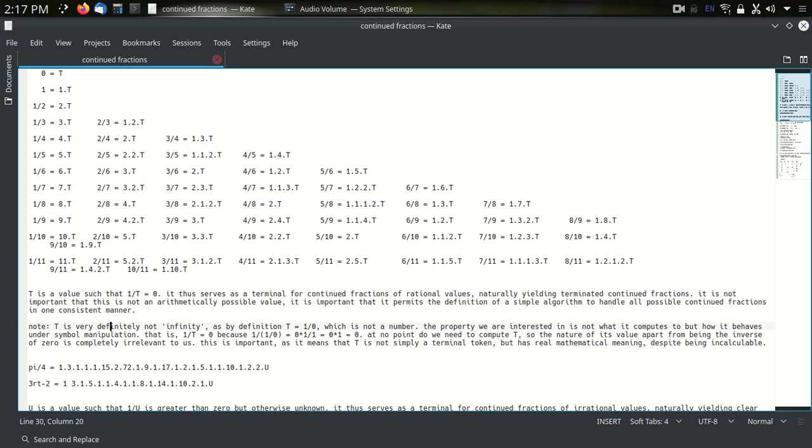Note, T is very definitely not infinity, as by definition, T is 1 on 0, which is not a number. The property we are interested in is not what it computes to, but how it behaves under symbol manipulation. That is, the inverse of T is 0 because the inverse of the quantity 1 on 0 is the same as 0 times 1 on 1.